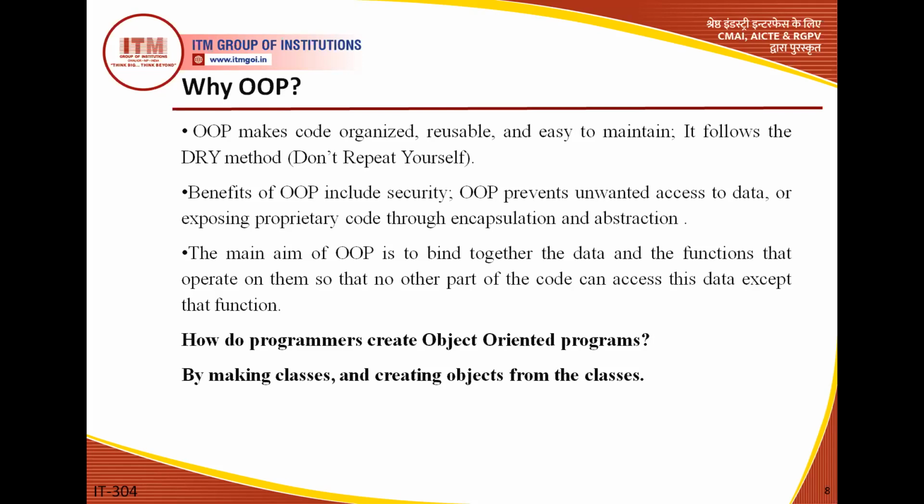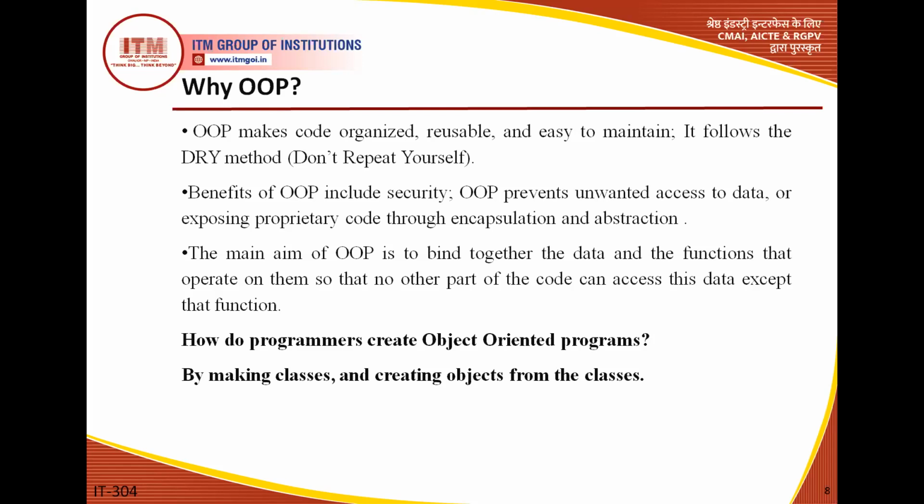This is what the concept of OOP is saying. It binds the related data and functions into one place, which is a class, which cannot be accessed by any other part of the code.